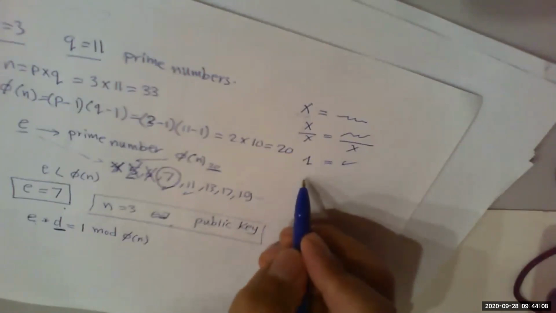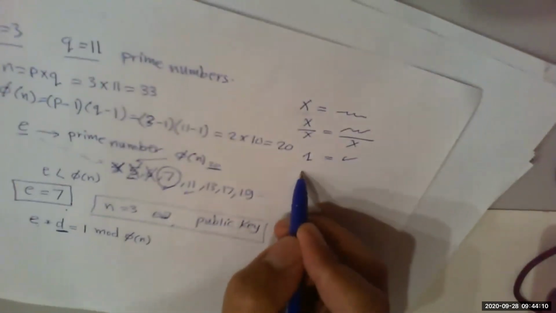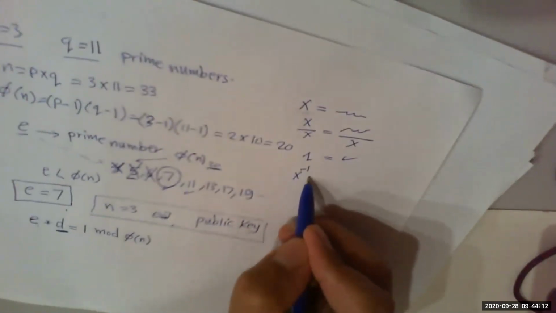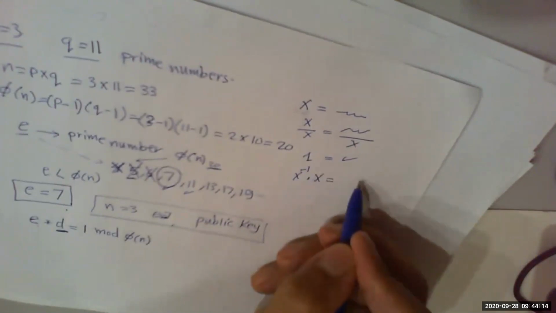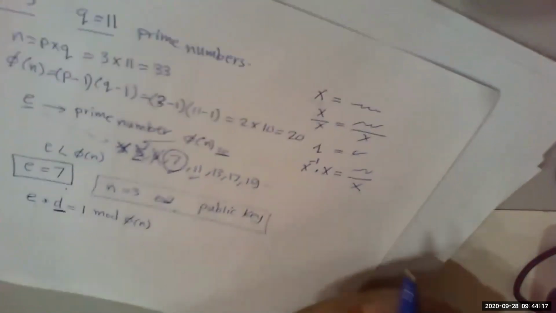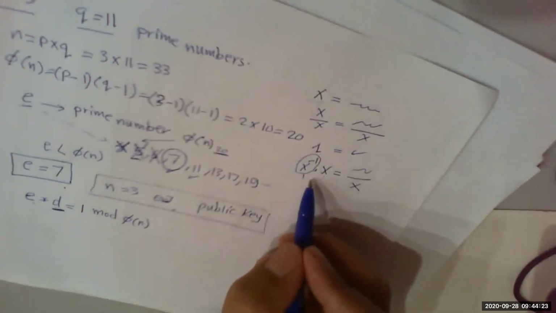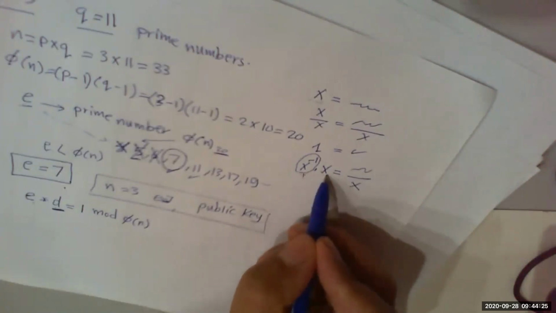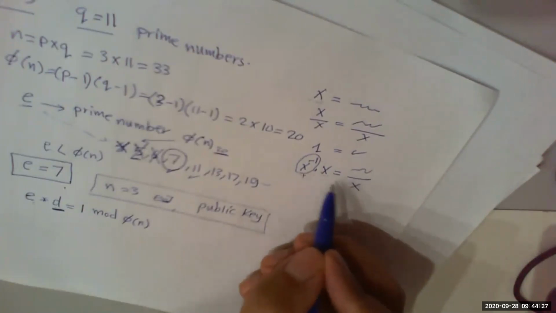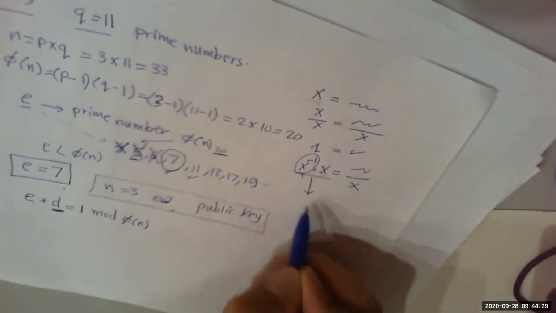So here we have X minus 1 multiplied by X equal something by X. This is the multiplicative inverse of X, because they equal 1.